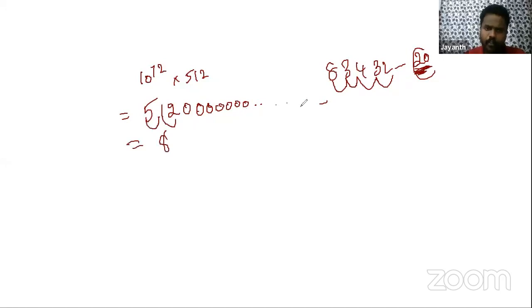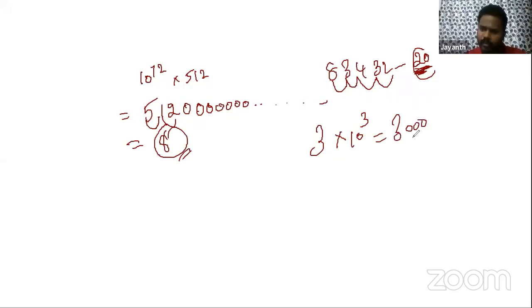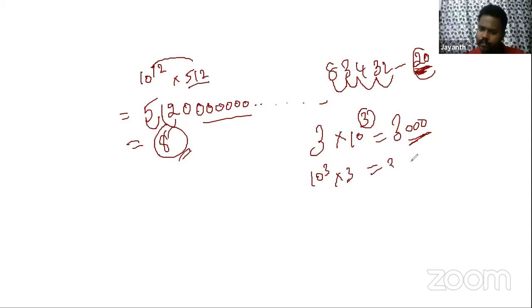So the answer we got is 8. Why 72 zeros? If it's 3 into 10 power 3, 10 power 3 means 1000, and 1000 into 3 is 3000. Whatever the 10 power, that many zeros has to follow. Likewise, here 10 power 72 means this number followed by 72 zeros. That's it.